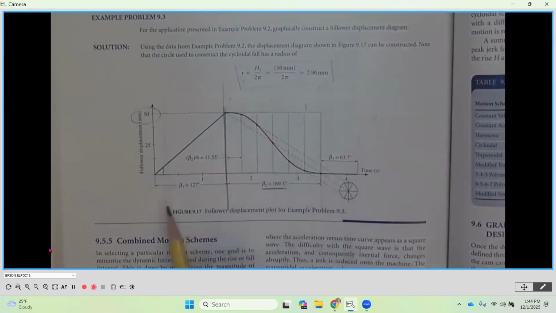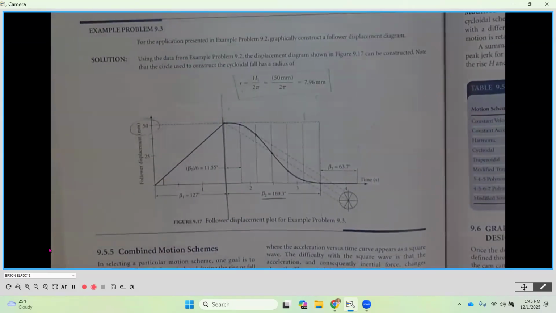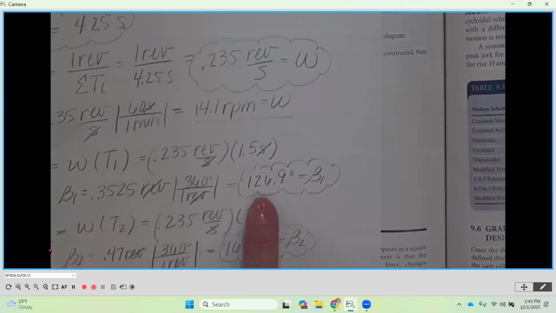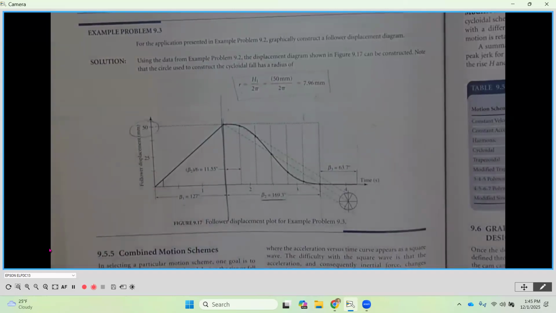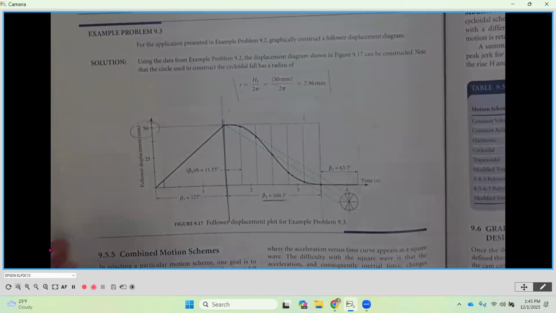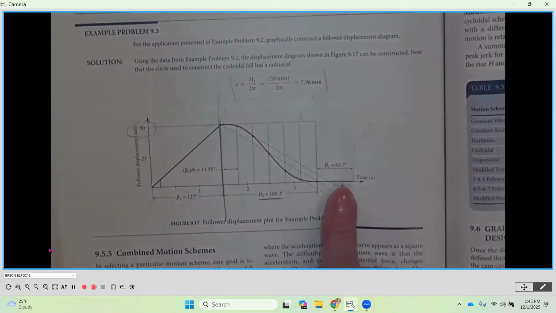Okay, now for this one, for the first sequence, the beta 1, that was 127 degrees, okay? When we calculated our beta 1, I got 126.9. They rounded to 127, which is fine. So when you construct the length here, remember, we want the length of our x-axis to be 3 times the height.